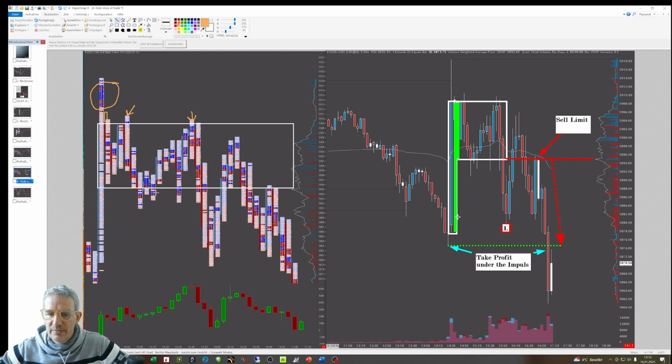You must remember, if a P structure falls down, comes up and goes down, the reaction and the possibility that the market goes under the start of the impulse is very high. And now I will look deeper into it, and I see all those places are very interesting for me to look for a short trade.